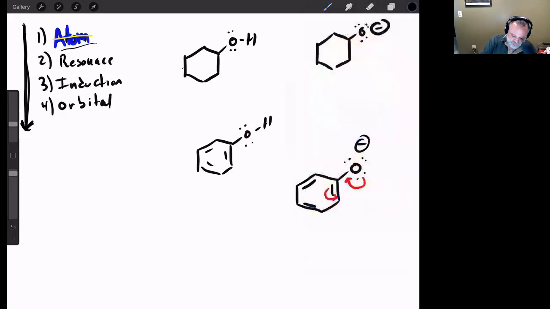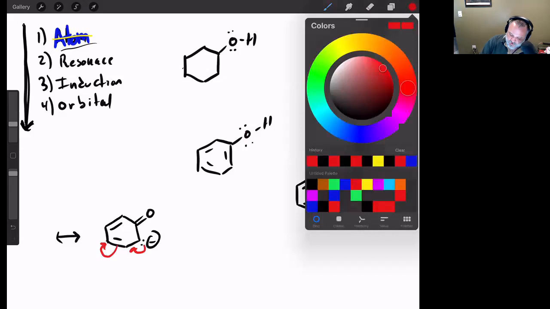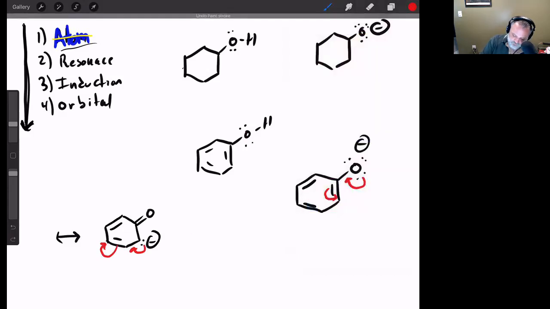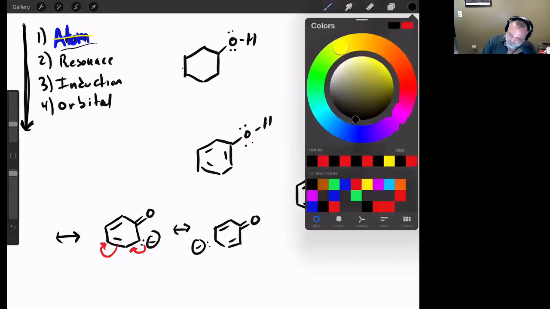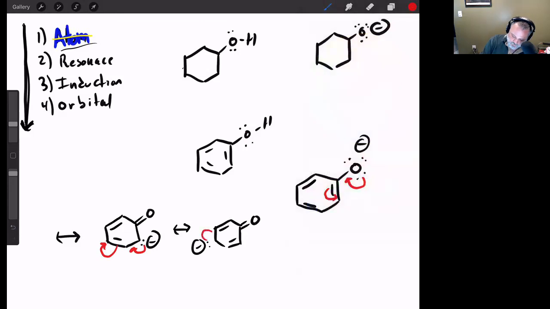And I can show a series of resonance structures that has that negative charge in a different location in the ring. And in fact, there are several resonance structures and several locations where that negative charge can be shown. We can show one more.